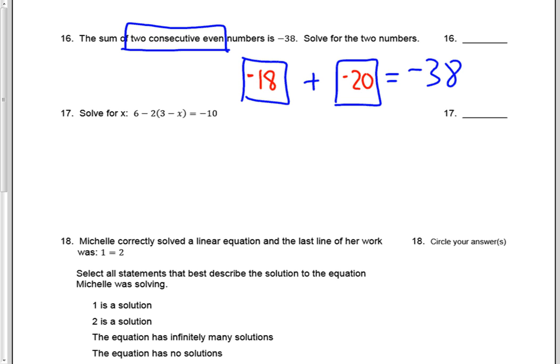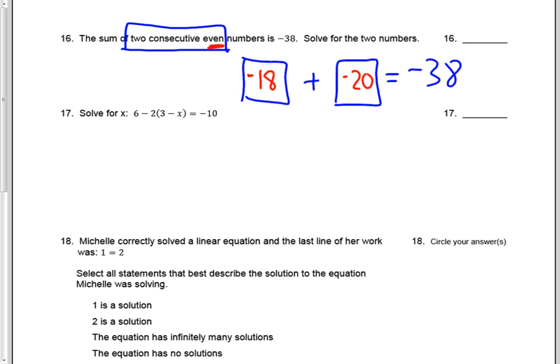Two consecutive numbers. If you look at a number line, they follow each other, and they're even. You couldn't have an odd number. So we're not talking about negative 17, negative 19. You want the 2 closest even numbers that would add up to that.